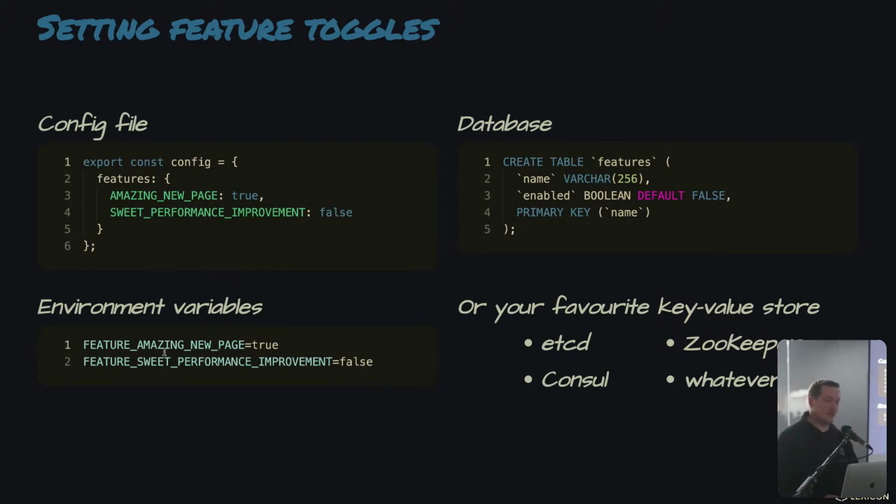So a really good place to be controlling your feature toggles. My hot tip for you is to prefix them with feature so that you know that they're feature flags. And if you're sorting them in your .env file or something like that, they all get sorted together. You can stick them in your database, another good place, handy place to put them, or any key value store that you might already be using in your stack.